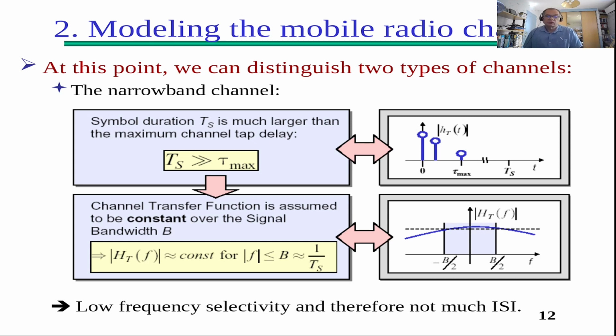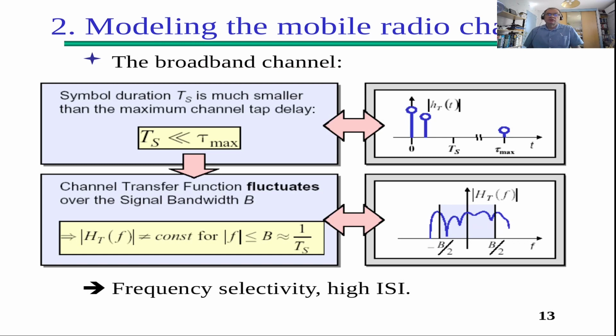So the bandwidth of the transmitted signal, represented by B, is 1 over TS, and as you can see, the bandwidth is not really influenced by the channel. It's quite constant, because it's small compared to the frequency stability region of the channel. So low frequency selectivity, and therefore you won't have much ISI.